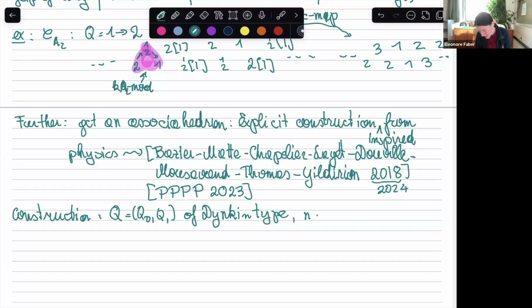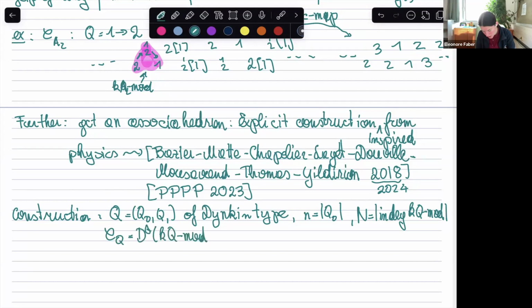And so n is the number of vertices of the quiver, and then capital N is the number of indecomposable KQ modules, and then also C_Q. This is the cluster category, so this is D^b(KQ mod) modulo tau inverse and shift.